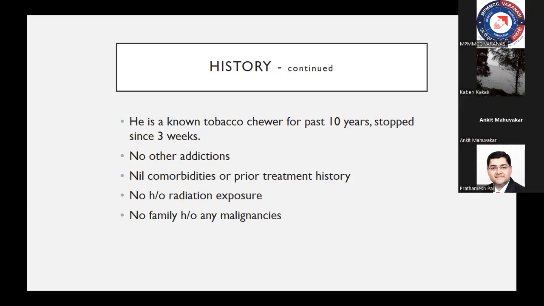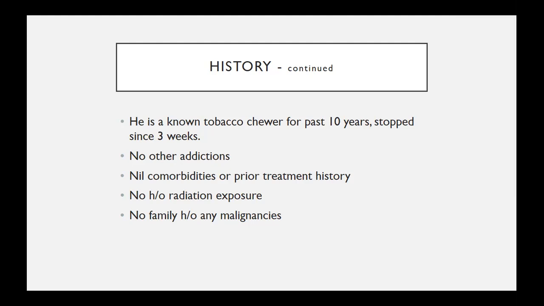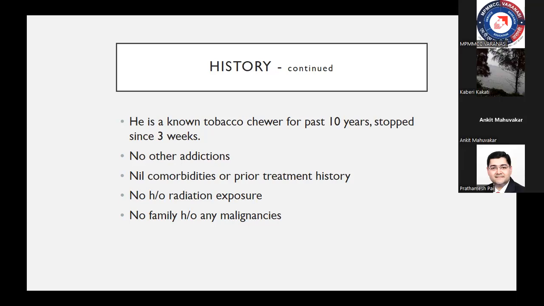And certain conditions like burn scar, chondritis and chronic sclerosing lupus erythematosus. Though literature does mention chronic otitis media or cholesteatoma as a cause, there's no significant supporting evidence for the same.